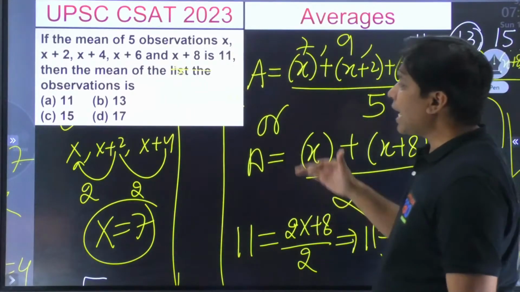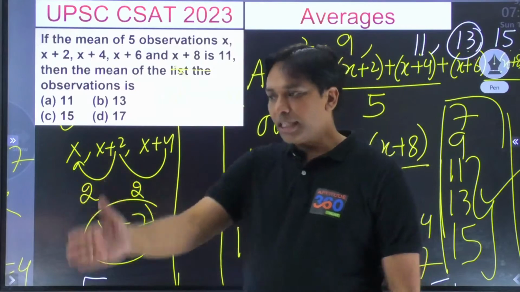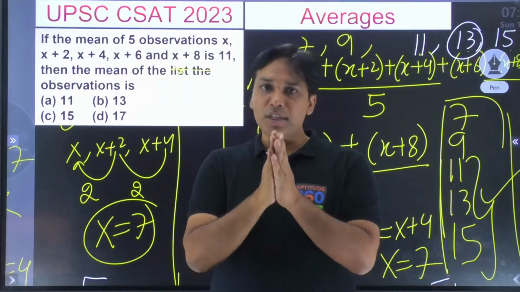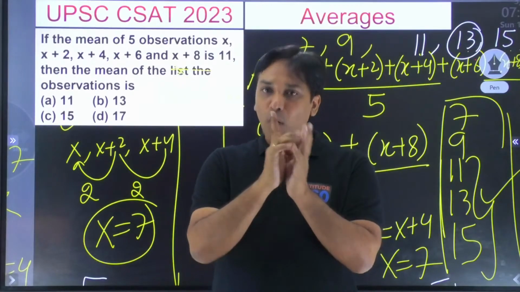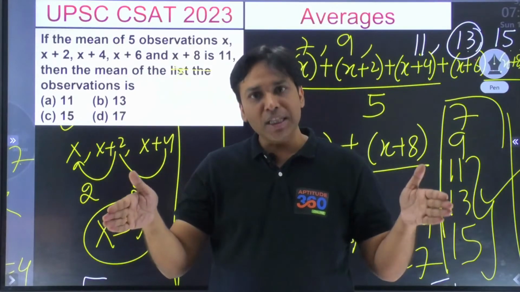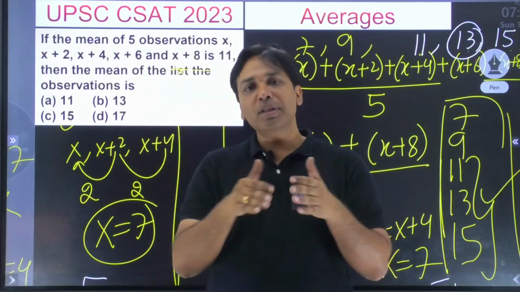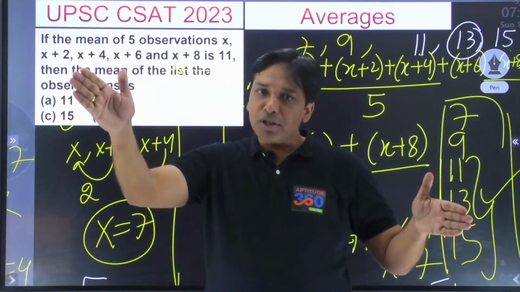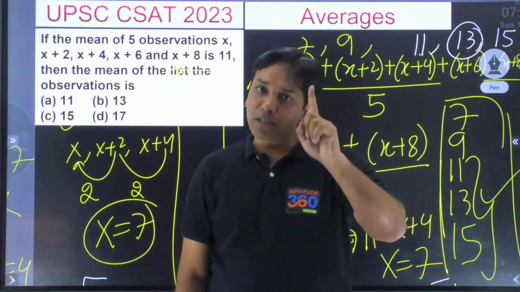But my question is, are you understanding the concept? Let me know in the comment section if you are understanding the concept. What am I trying to say over here? Point number one: if your data set is in arithmetic progression, then the average of the entire data set is going to be the average of the first number and the last number. That's understanding number one.